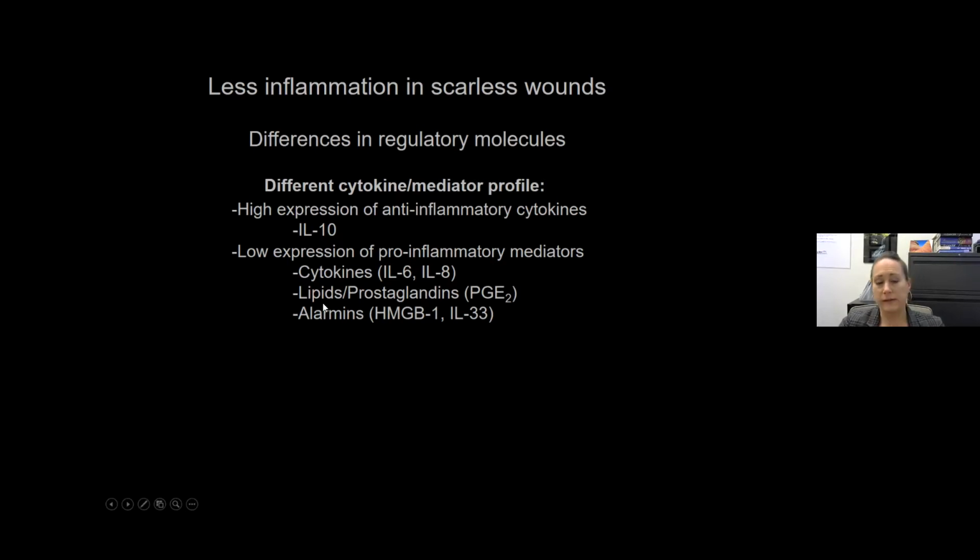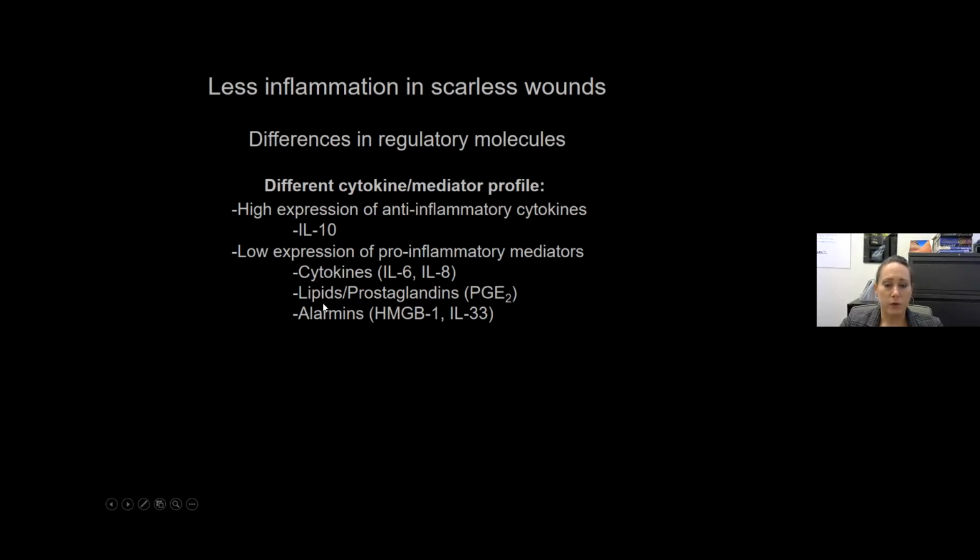They're released when there is damage in the tissue, and these molecules cause inflammation. I listed two examples here, HMGB1 and IL-33, which are examples of alarmins.